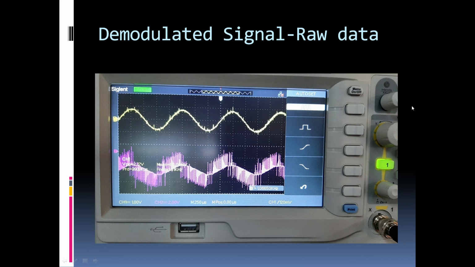If you look at the demodulated signal, which is the raw data without filtering, the output can be observed in the pink color on channel 2, and it is compared with channel 1, which is the original audio signal. You can see that there are high frequency spikes being observed, and along with them there is also our low frequency audio signal, which is running simultaneously at approximately 1 kilohertz.